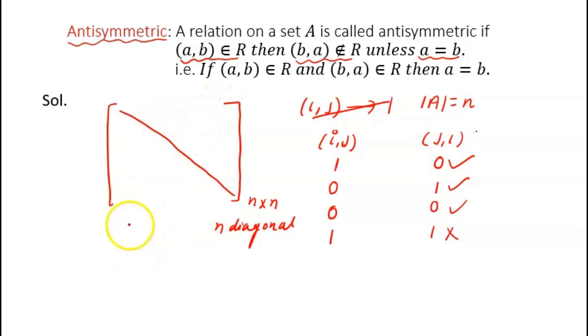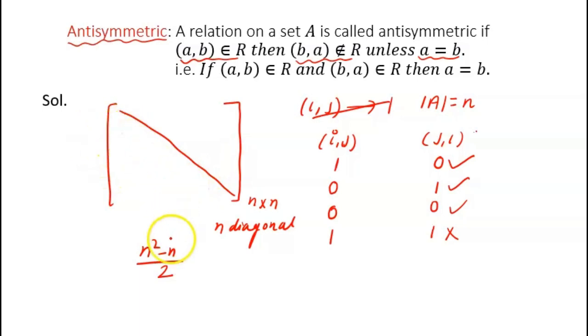We have seen in the previous problem, when I was talking about reflexive and symmetric, that there are a total of n square minus n elements which are not along the main diagonal, and out of that, n square minus n by 2 are below the main diagonal, and n square minus n by 2 are above the main diagonal, right?